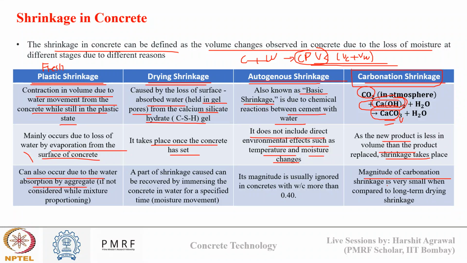Again, the magnitude of carbonation shrinkage is very small compared to drying shrinkage or plastic shrinkage, so it is not talked about much, but it is a type of shrinkage one must remember. So these are the four types of shrinkage. Plastic shrinkage is in fresh state, drying shrinkage is in hardened state, autogeneous shrinkage is due to chemical reaction between cement paste and water, and carbonation shrinkage is due to carbonation of portlandite in hardened concrete.